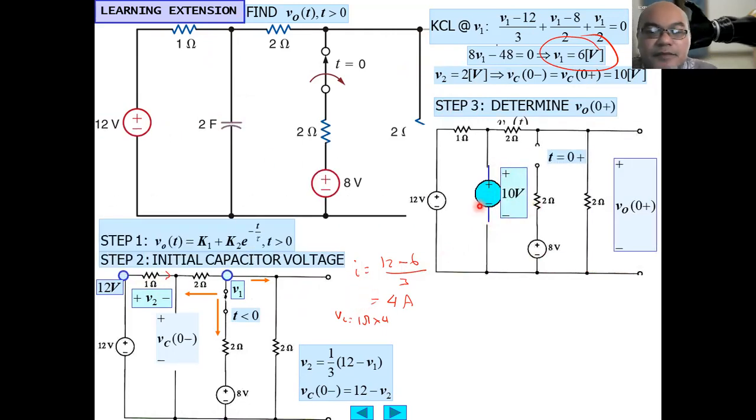We replace the capacitance with the voltage source 10 volt like this. Now we calculate the initial condition at this 2 ohm. This is a voltage divider: 2 divided by 2 plus 2 times 10 volt, equals 5 volt.